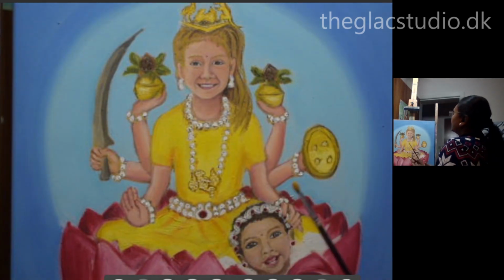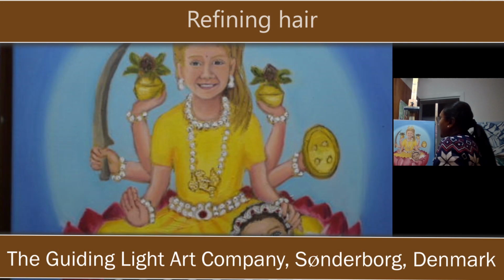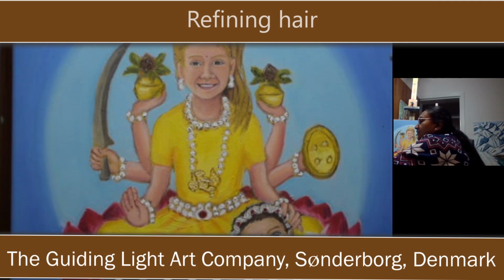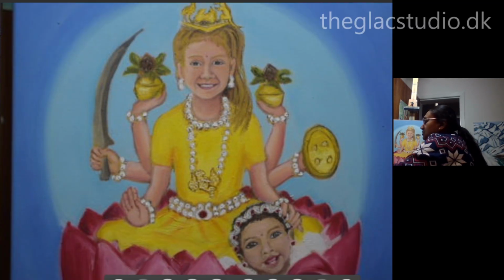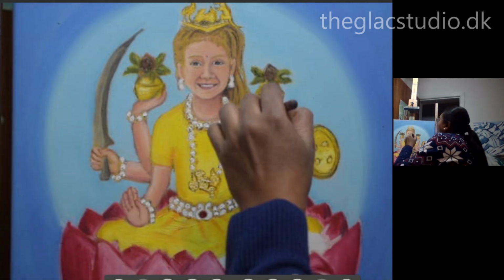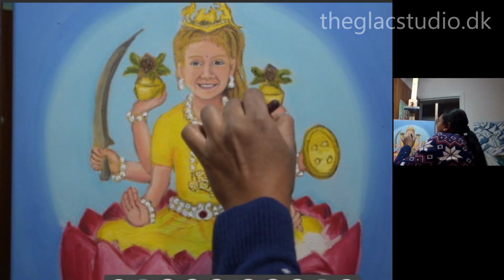That is done. Now let's work on her hair. We have the similar tonality, but let's just make sure that we have the right one. The yellow ochre mixed a little bit with the yellow for her hair. It's the same color.